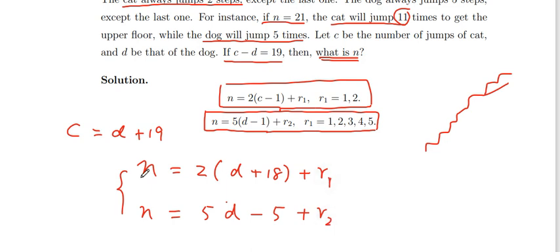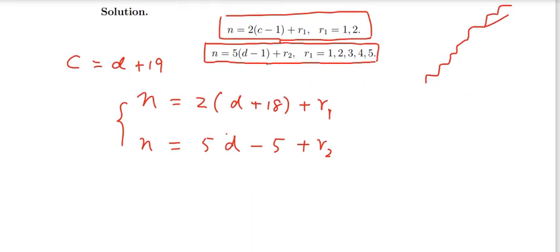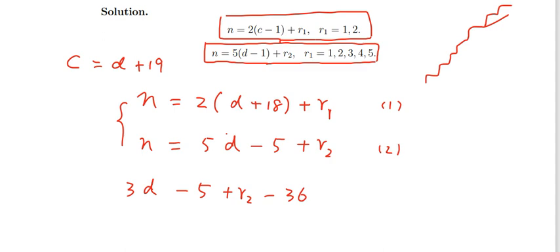Okay, so we need to solve it. Equation 2 minus equation 1 gives 3D minus 5 plus R2 minus 36 minus R1 equals 0.